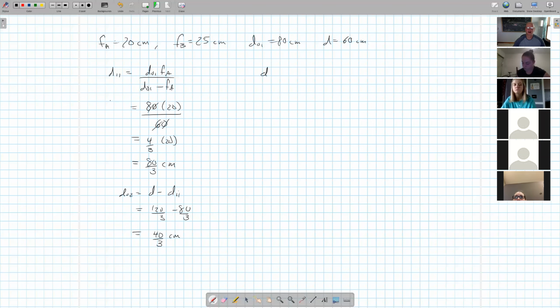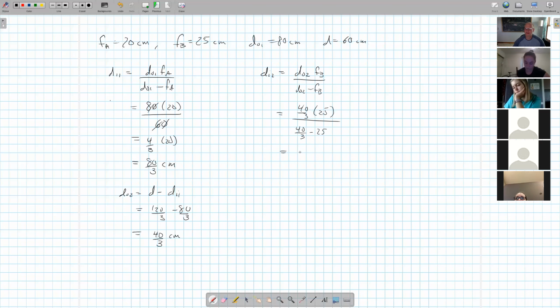And then finally, our final image distance. Image distance 2 is object distance 2 times focal length of B divided by object distance 2 minus focal length of B. So this is equal to 40 over 3 times 25 divided by 40 over 3 minus 25.